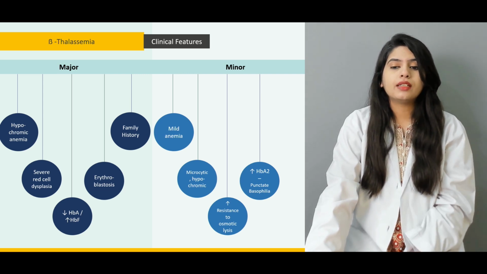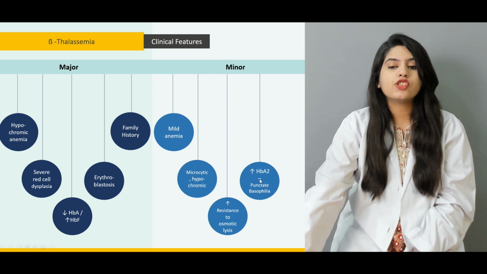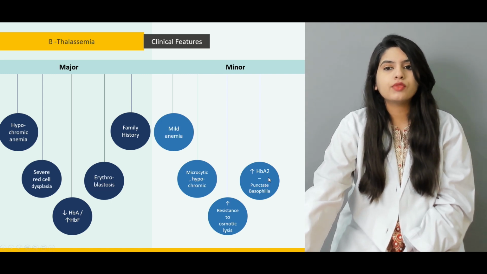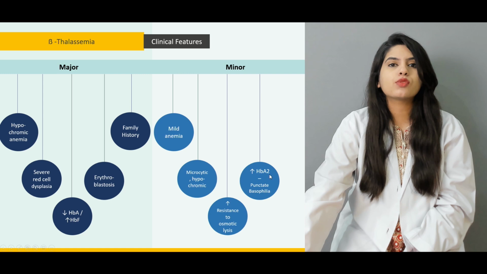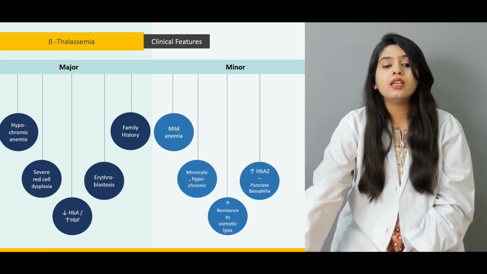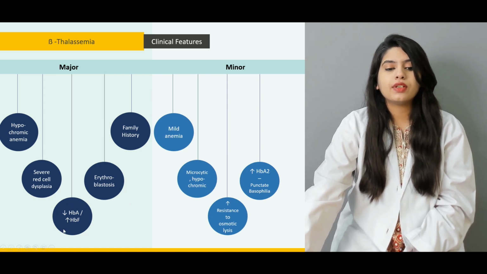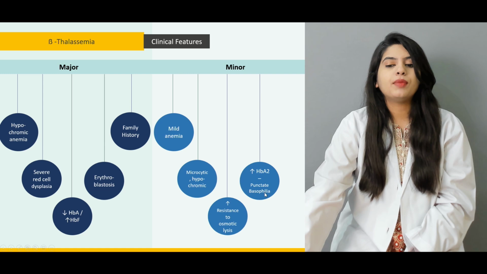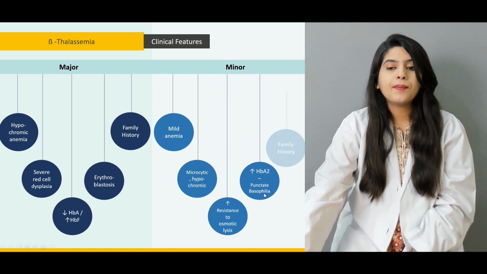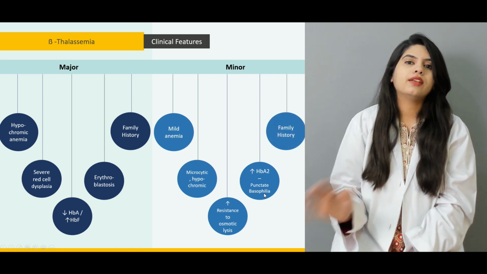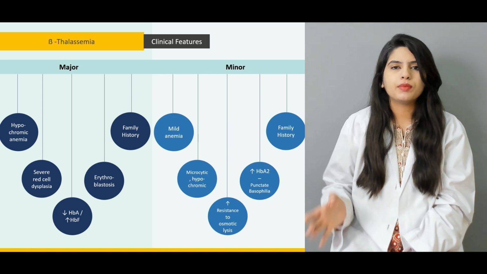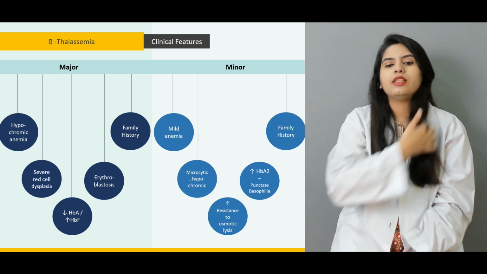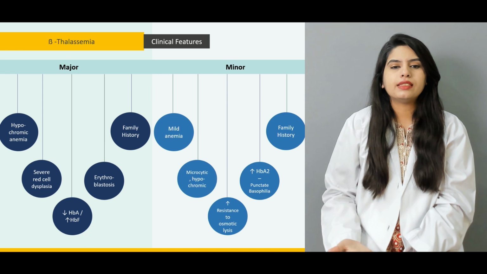There will be increased HbA2, the type of hemoglobin in which there are delta chains instead of HbF. There will be the formation of HbA2, and there will be punctate basophilia, and also obviously there will be some family history that will lead to the cause of the disease.